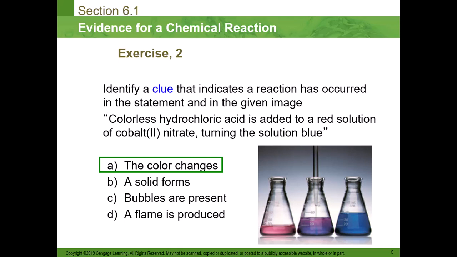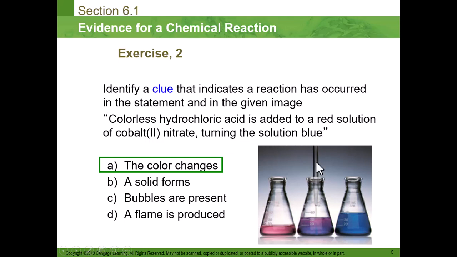They say we should identify a clue that indicates a reaction has occurred in the statement and in the given image. Here they are, 3 images. Let's read what is happening here. Colorless hydrochloric acid is added to a red solution of cobalt 2 nitrate, turning the solution blue.